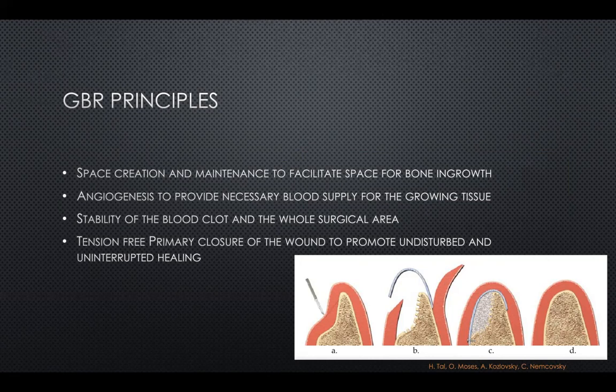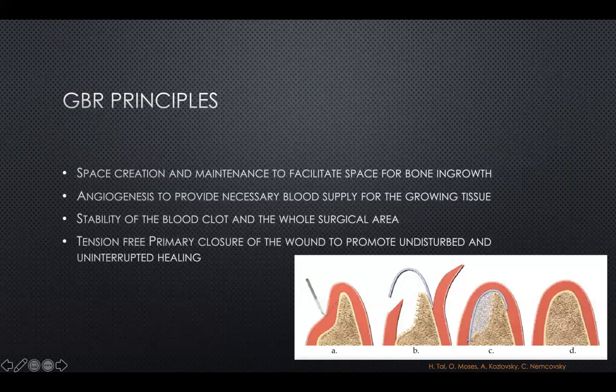We need this blood supply to come from the original bone and to go over our bone graft or to go over this space and to carry all type of stem cells with it and osteoprogenitor cells that will help us in bone regeneration. And also we have to have a stable area and a stable blood clot, a stable surgical area as a whole.